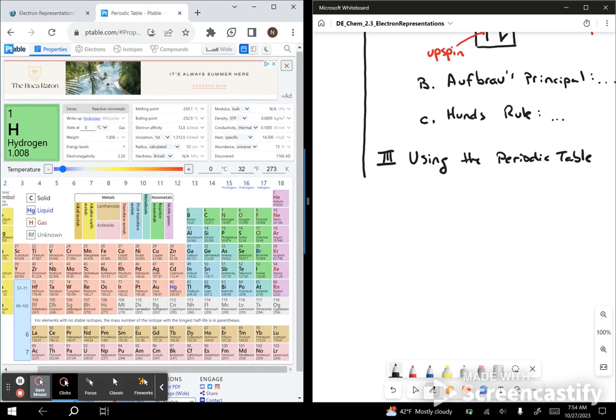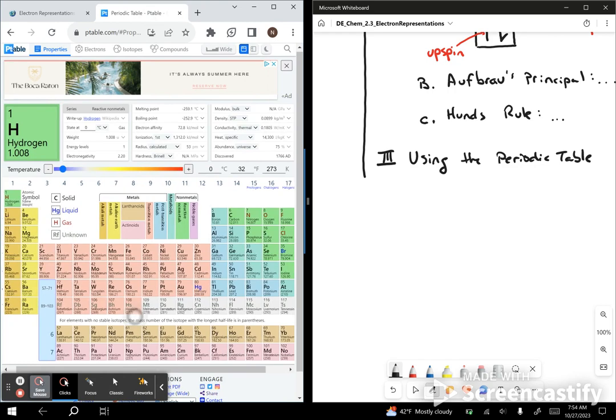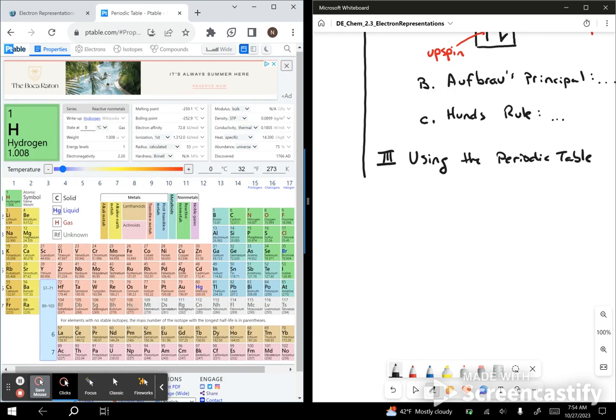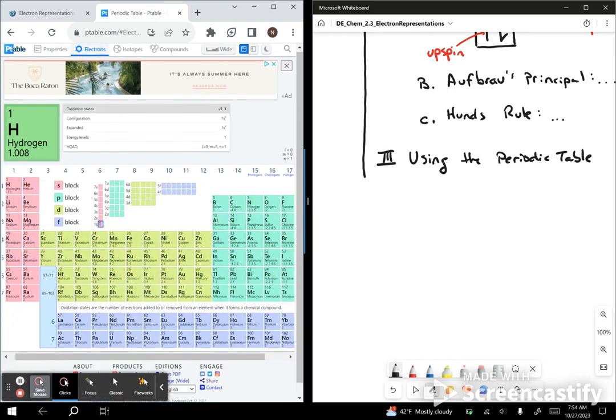So if you take a look at your periodic table, and I'm going to click onto the electrons, you can see how these are organized into what we call S blocks, which is going to be this group right here. You have your P block, which is going to be over here.